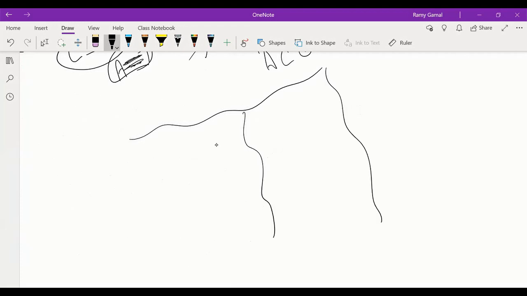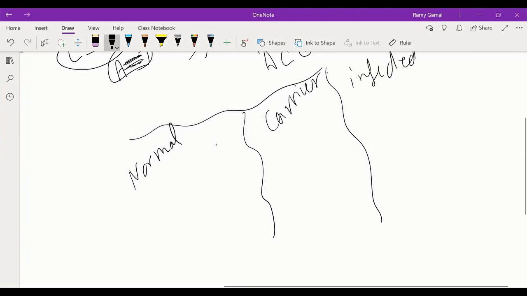So let's say that is a normal person, and that is a carrier, who has the defective gene but is not completely infected, and that one is infected with sickle cell anemia. What is that? You will know now.